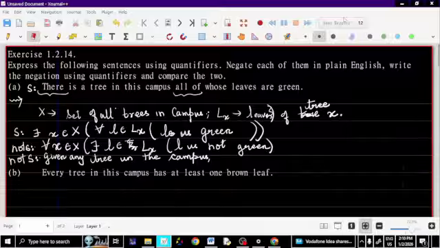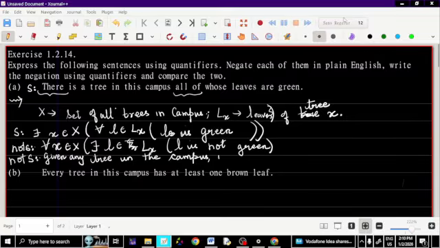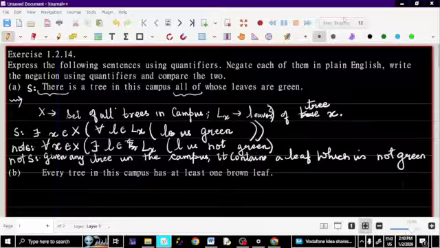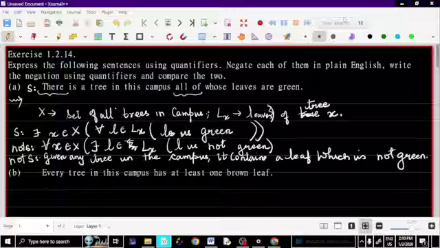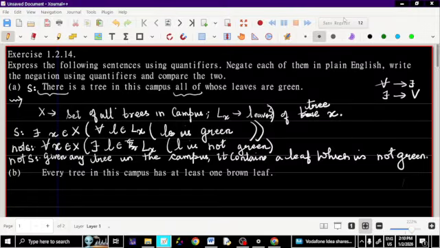Given any tree in the campus, it contains at least one leaf which is not green. So this will be the negation of the given statement. You can see that existential turns to universal and universal turns to existential. This happens when you negate the statement.